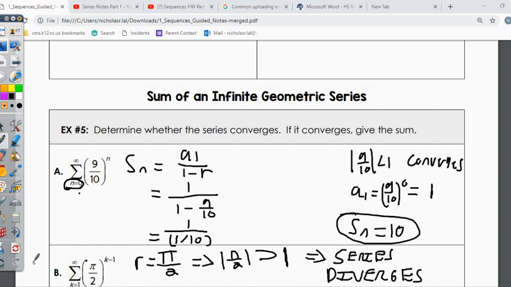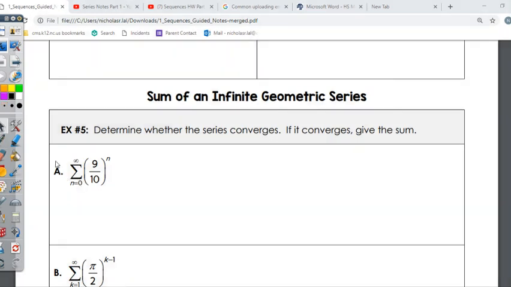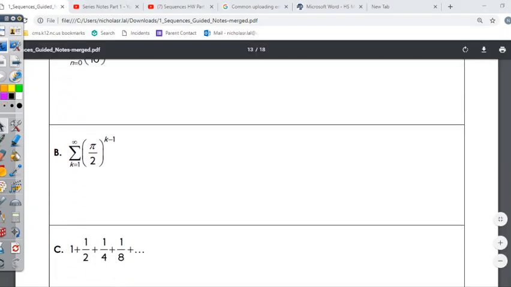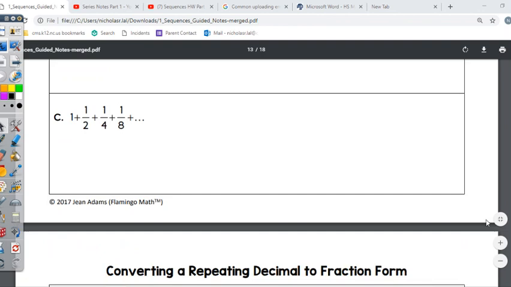Am I good to clear annotations, or do you guys need more time to write down? All right.